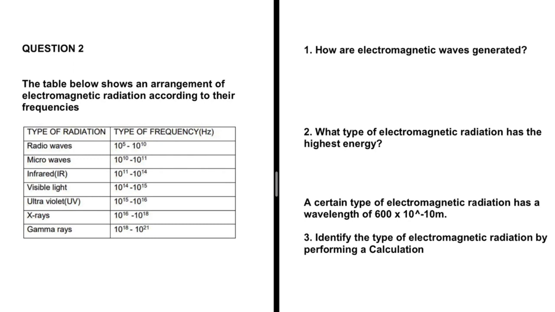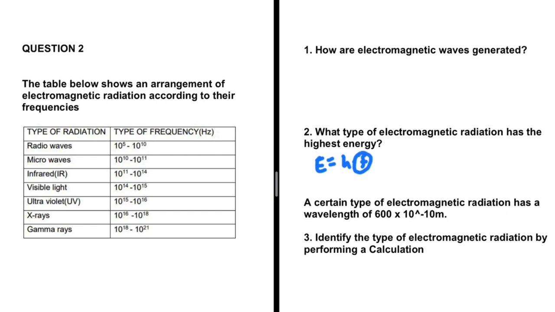The second question, what type of electromagnetic radiation has the highest energy? We know that energy is equal to Planck's constant multiplied by the frequency. So the higher the frequency, the higher the energy.